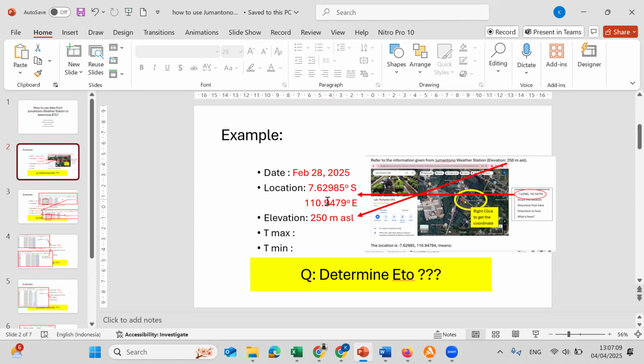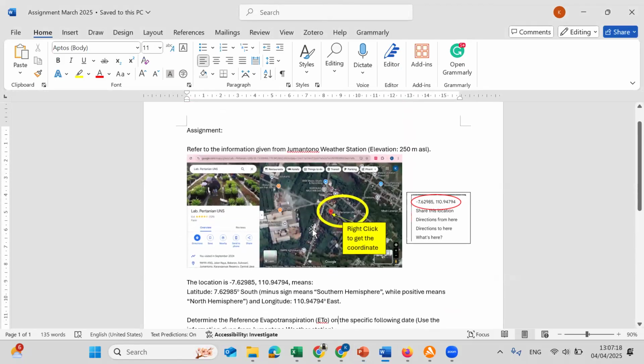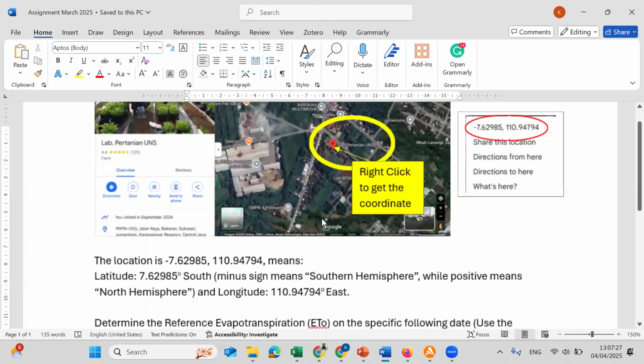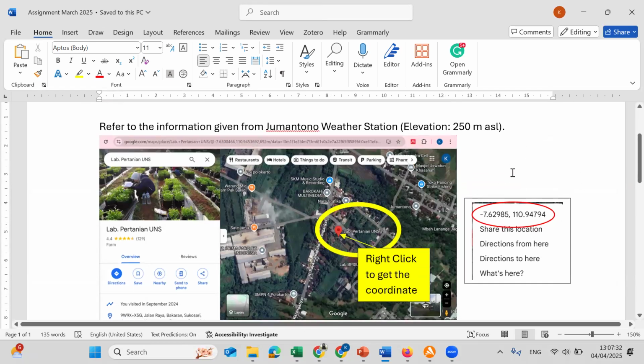First, check the location. From the file I've given you, the location is Jumantono Station. If you right click this point in Google Map, you will find the coordinate of the location.